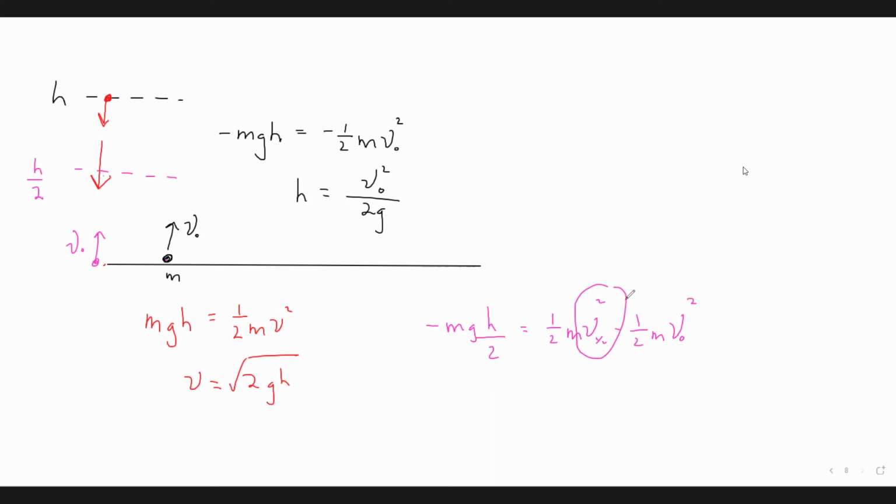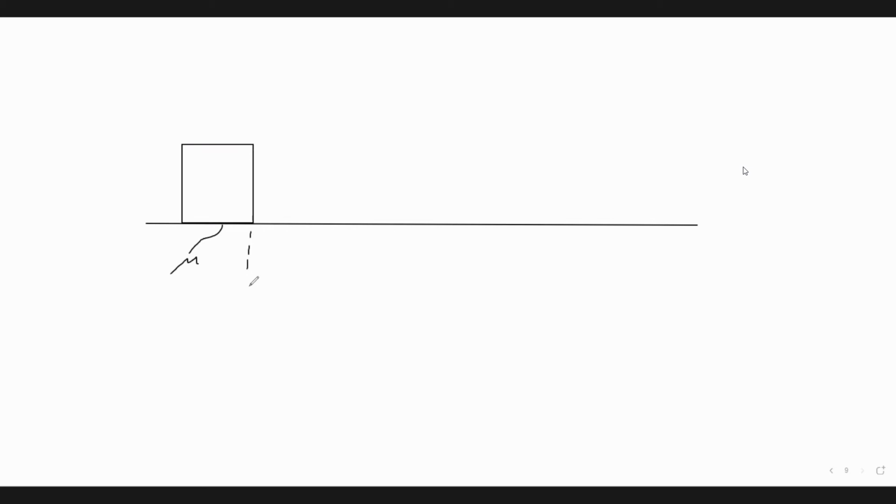Let's look at the problem that I promised to show you last time when we talked about friction. So we have a surface, and I have a box, and there is a coefficient of kinetic friction mu, and right here at x equals 0, it's moving with a speed v0.